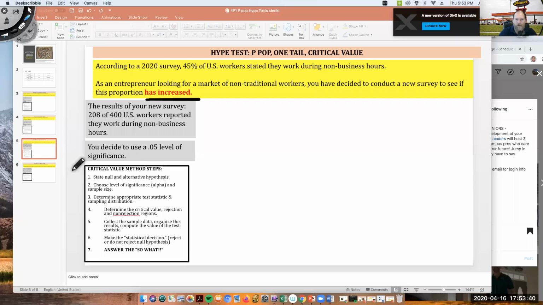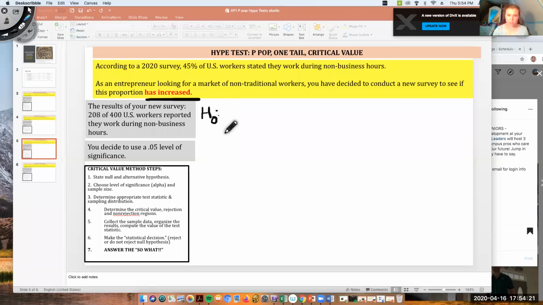So, Alexis, let's start down here on our checklist. Surprise, surprise. First thing we do, state the null or alternative hypothesis. So, Alexis, pick one. It doesn't matter whether it's null or alternative, either one that you want to go for. What do you think it is? I'll do the null hypothesis. Okay.